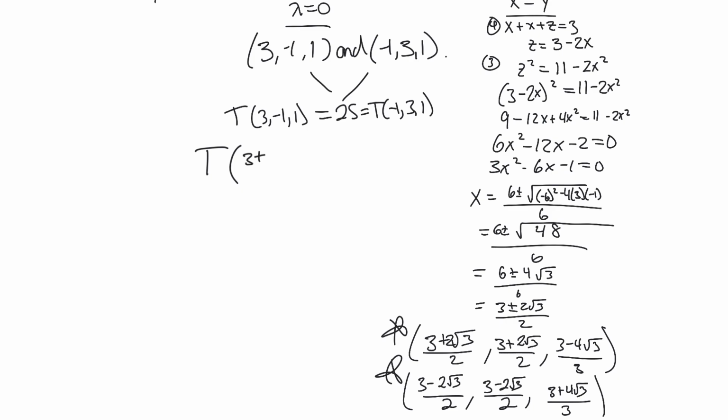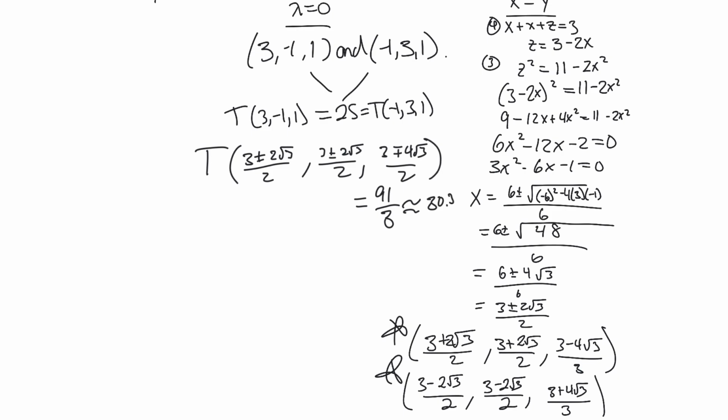So if you do 3 plus or minus 2 square root of 3 over 2, 3 plus or minus 2 square root of 3 over 2, then you end up getting 3 minus or plus 4 square root of 3 over 2. And that value is 91 thirds, which is about 30.33 degrees, whatever the temperature was.